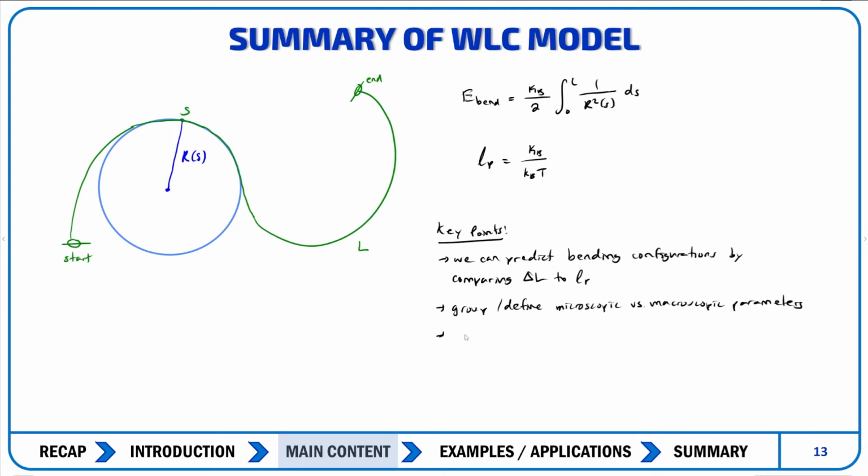And finally, we are able to find the total bending energy, or E-bend, for long chains. So that's a high-level summary of the worm-like chain model. You will be expected to know how to graphically represent this and do a few calculations based off of these equations. Now we're going to move on to the random walk chain model to see how we can model DNA in a slightly different manner.